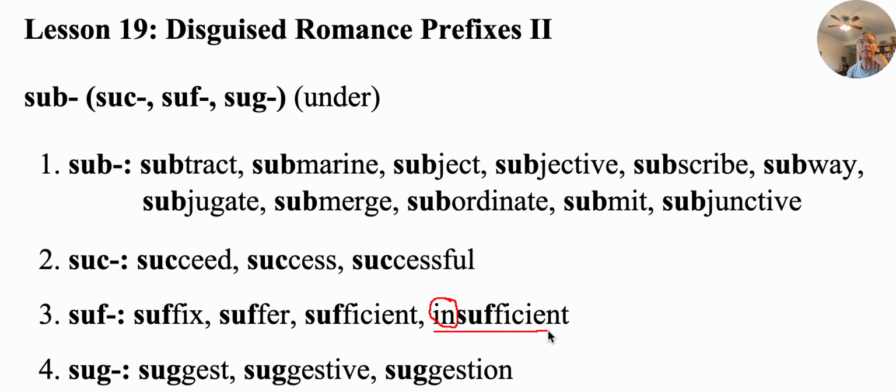We don't have enough. Then we have sug. And this is like the C because it's going to have two sounds. It's going to have the G sound, and sometimes we write it that way. And some dictionaries actually draw a line over it.